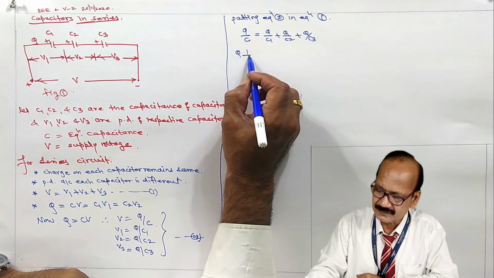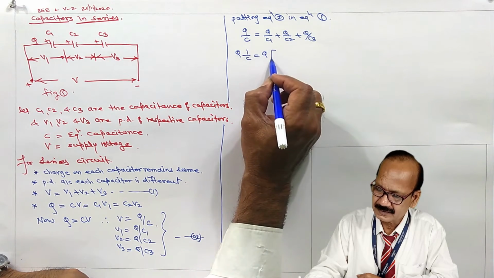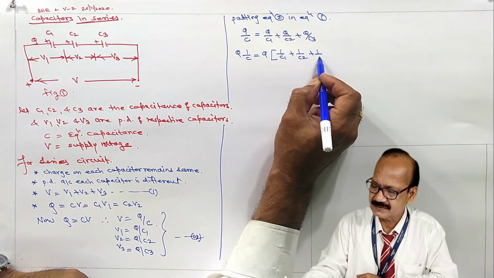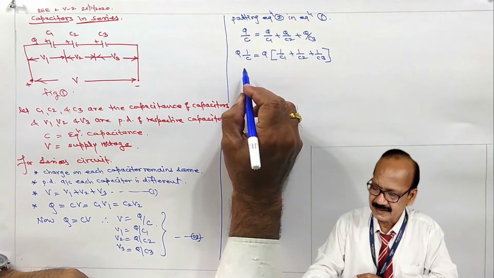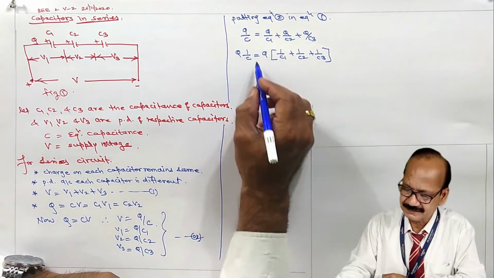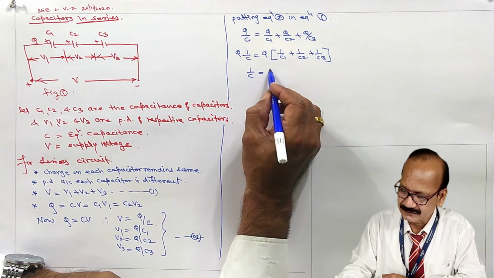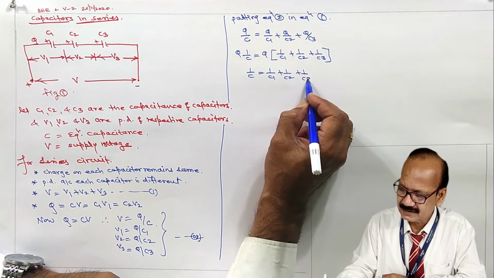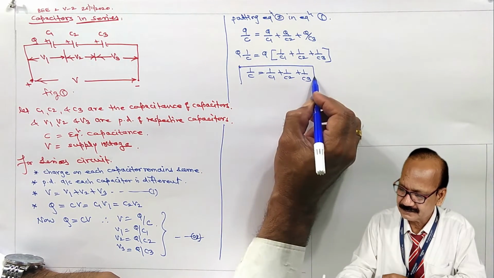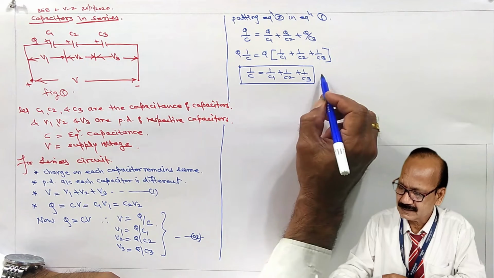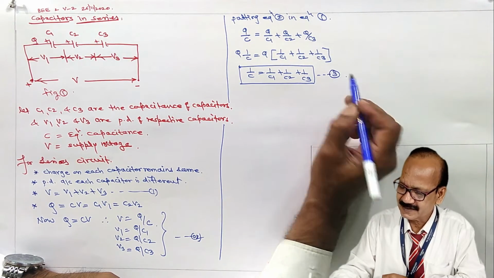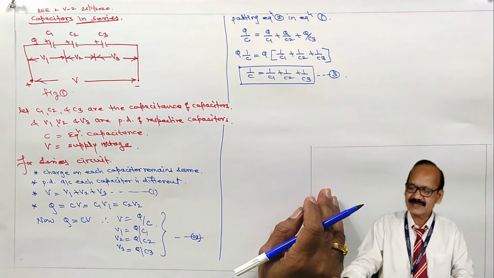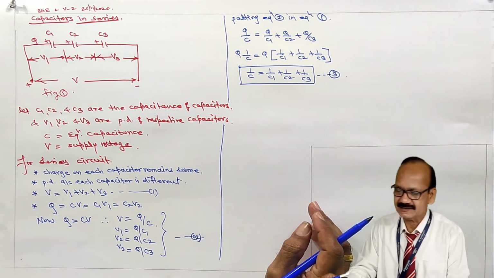Therefore, Q times 1 upon C equal to Q times 1 upon C1 plus 1 upon C2 plus 1 upon C3. Therefore, Q will get cancelled. 1 upon C equal to 1 upon C1 plus 1 upon C2 plus 1 upon C3. This is the expression for equivalent capacitance of the capacitors.